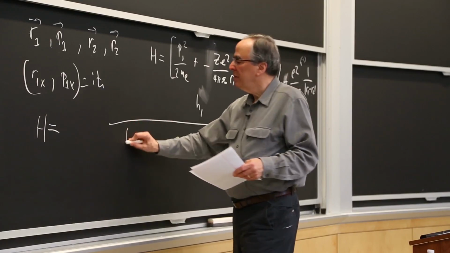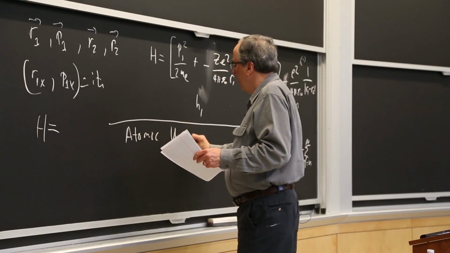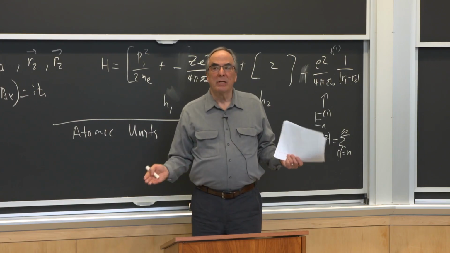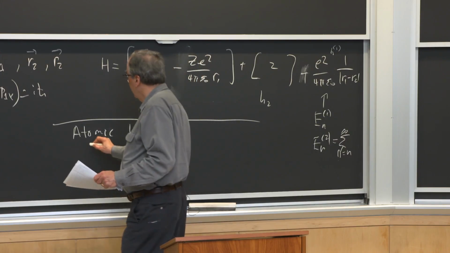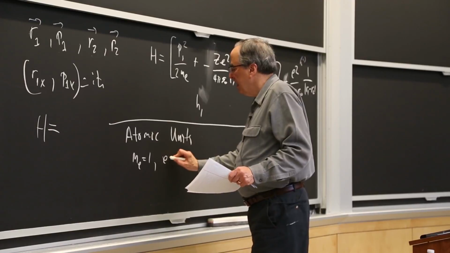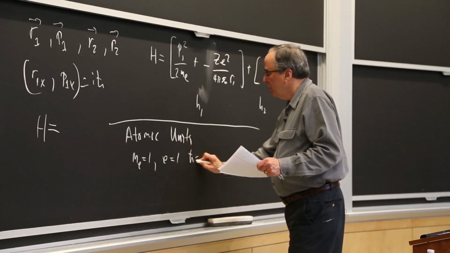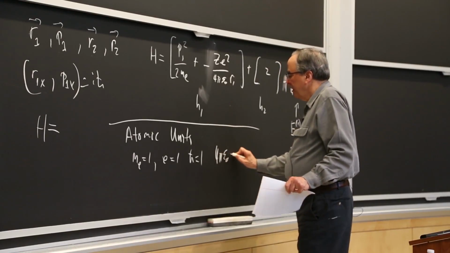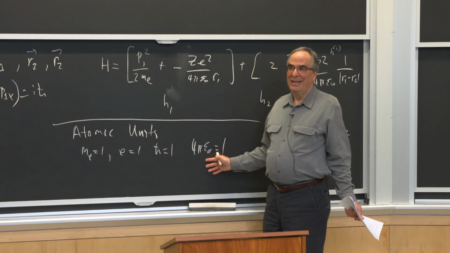And so atomic units: we can choose any internally consistent set of units we want. And in atomic units, we say that the mass of the electron is 1, the charge of the electron is 1, the h bar is 1, 4 pi epsilon 0 is 1. That's good. A lot of stuff just gone away.